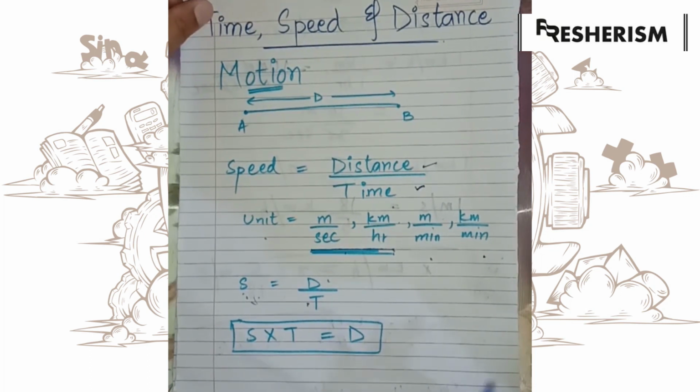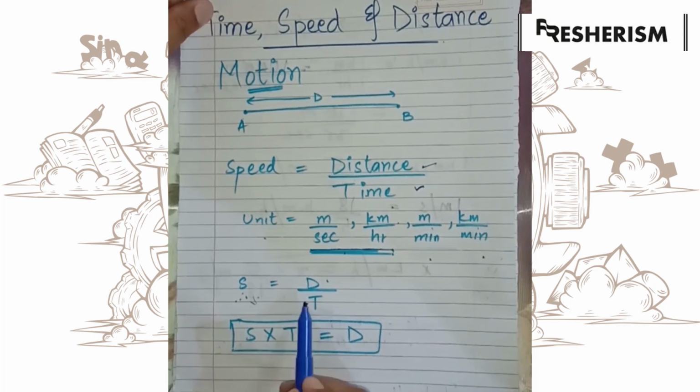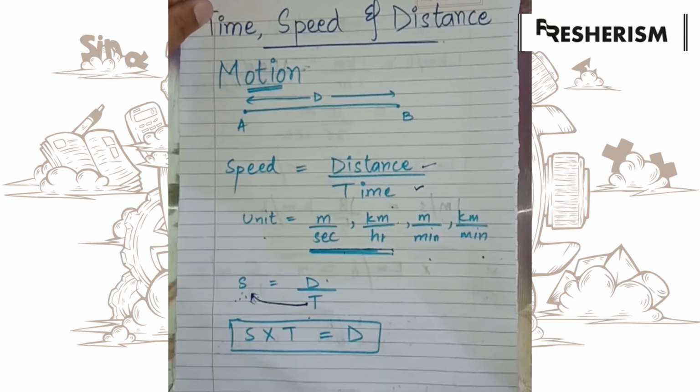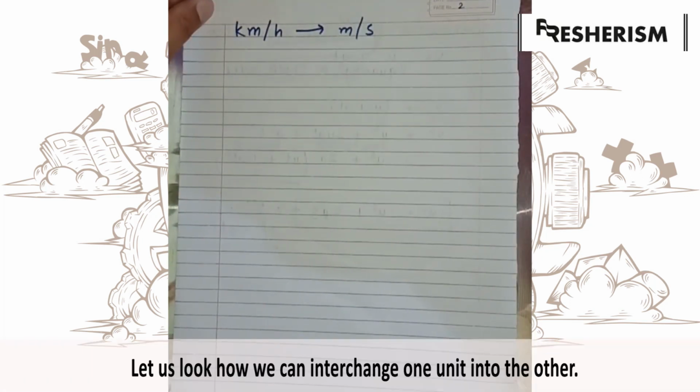So here we are getting this formula S is equal to d by t, that is speed is equals to distance by time, and if we take the t over to the other side we'll get S multiplied by t is equal to d. So one more thing is that we can interchange the units into each other.